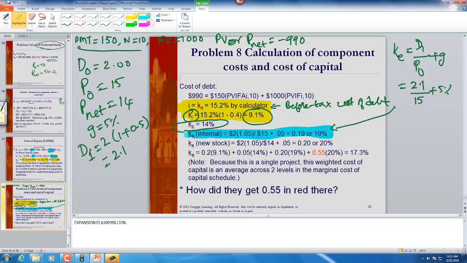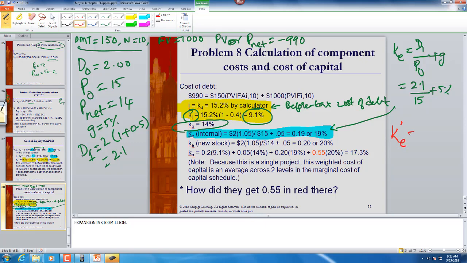I love these highlighters and the pen color changes, makes it easy for me to explain. Now, as opposed to internal equity, what is new stock financing? That is a different thing altogether.